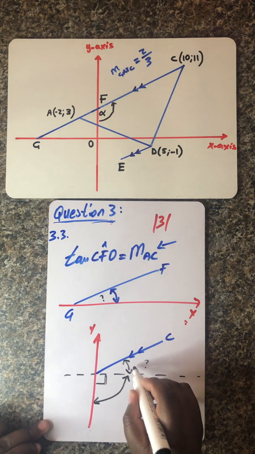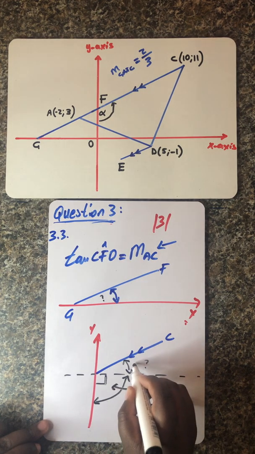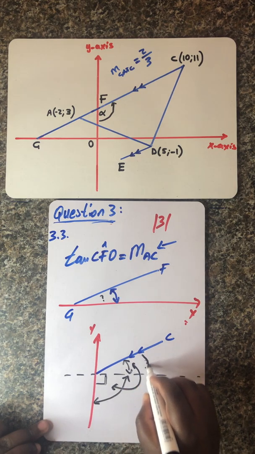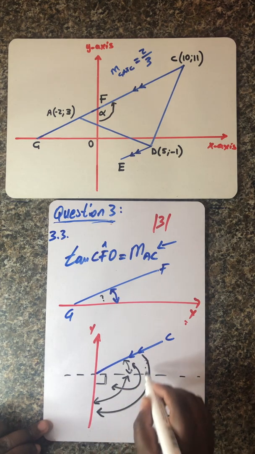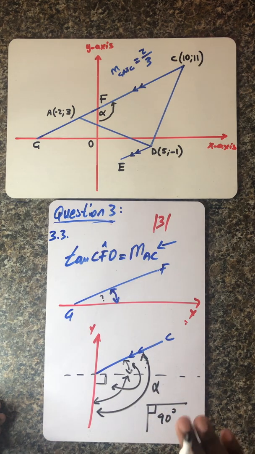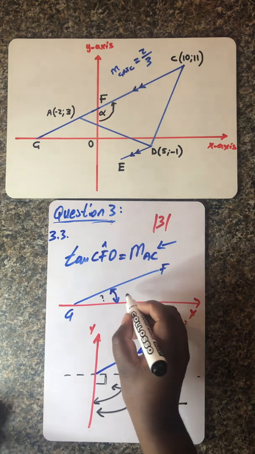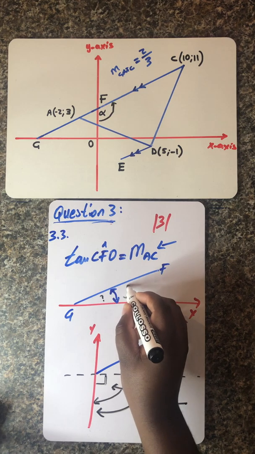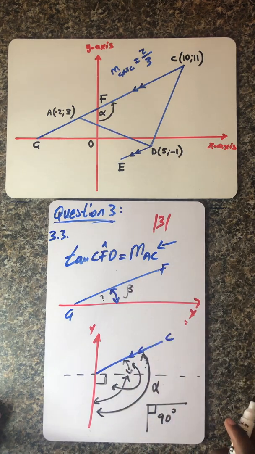So you must add these two angles to find angle alpha. Angle alpha is what they want us to calculate. Just to make it easy, guys, can we just refer to that angle as angle beta?